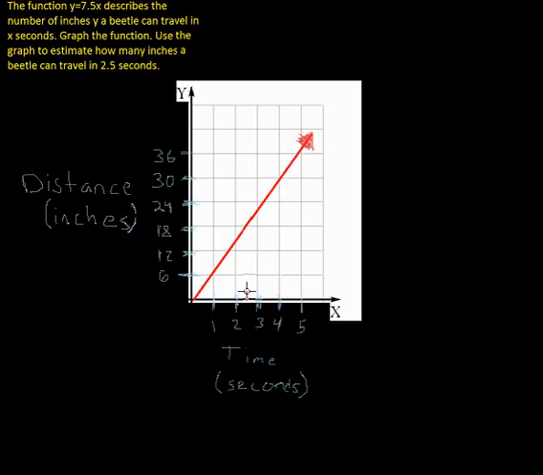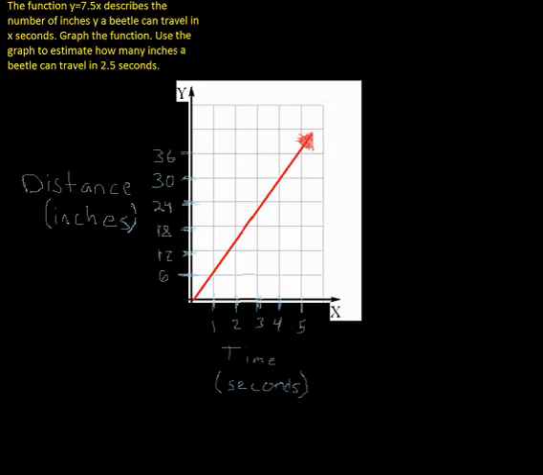Now I'm just reversing distance and time altogether. So pay attention when you are analyzing a graph to both the x and y axis as you read them. So at 2.5 seconds, the beetle will have traveled just a little above 18 inches.